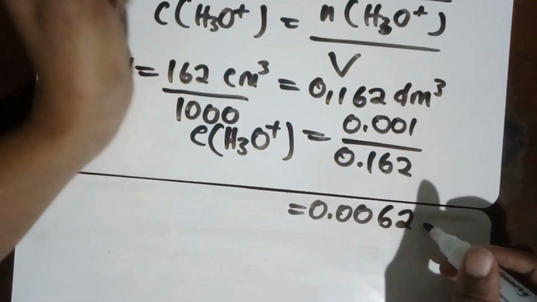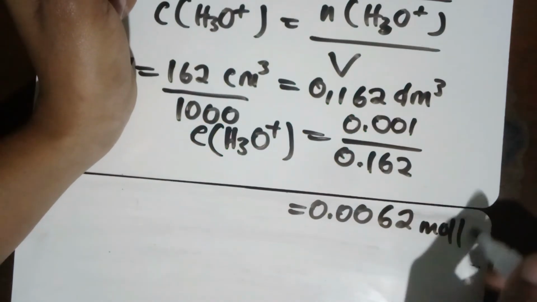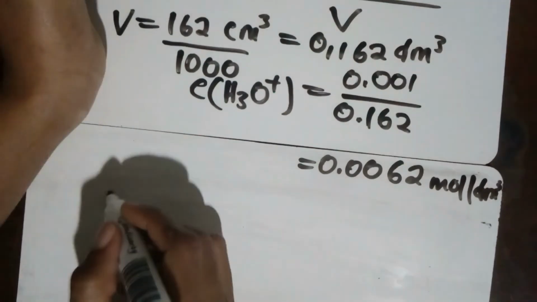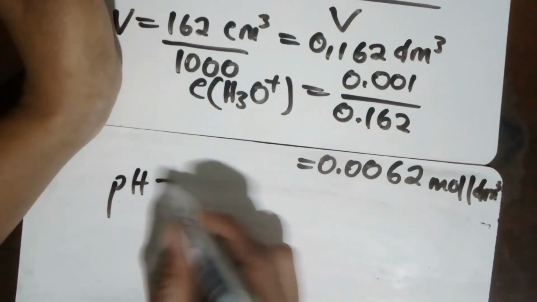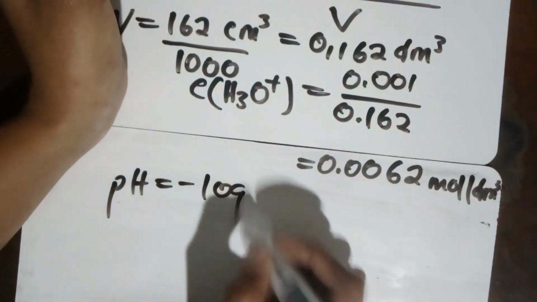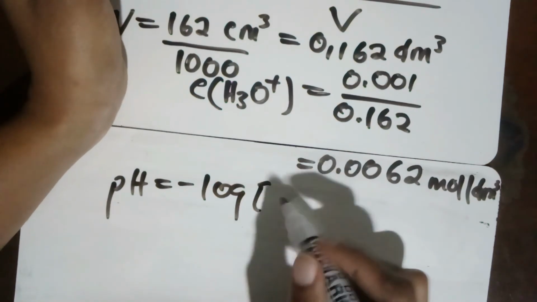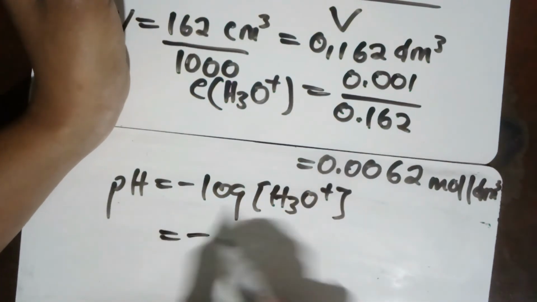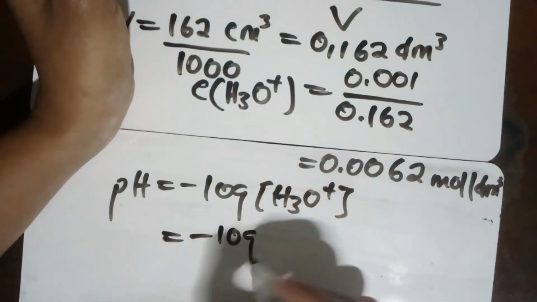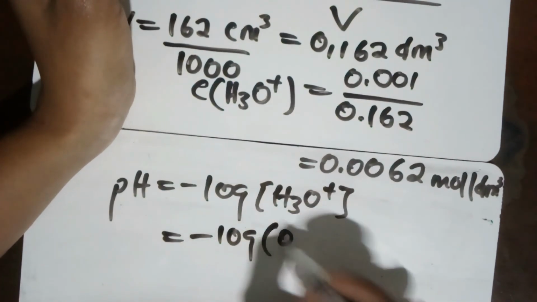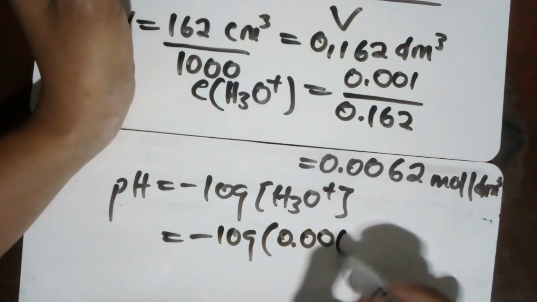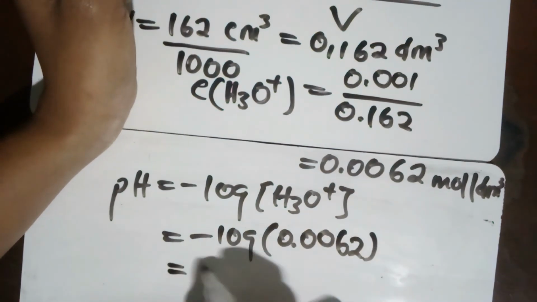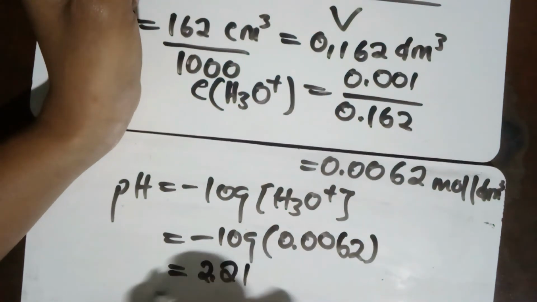This is concentration, so it's in mol per cubic decimeter. So we're not done. Remember, our goal is to find the pH, right? The pH is the negative logarithm of our hydronium ion concentration, which we have found there, 0.0062. If you put this in your calculator, you find that it is 2.21.